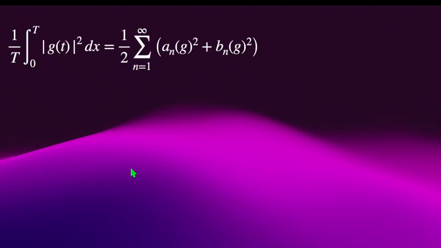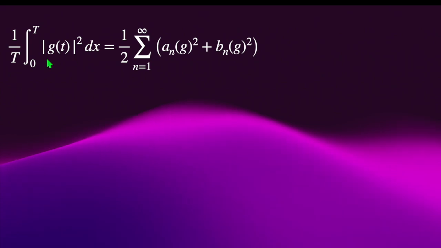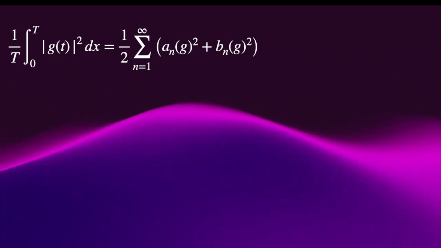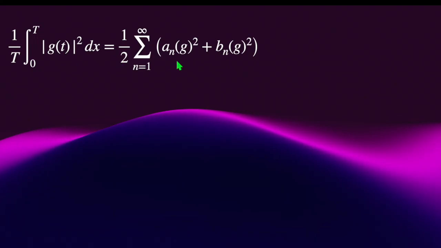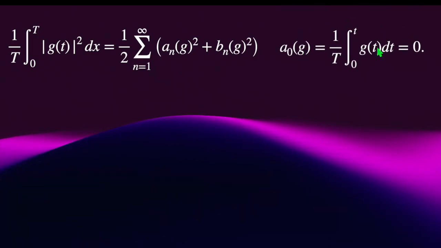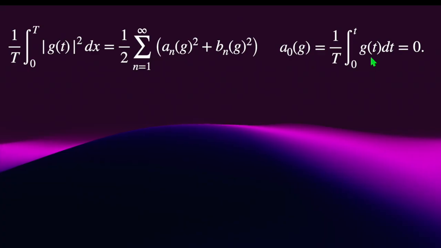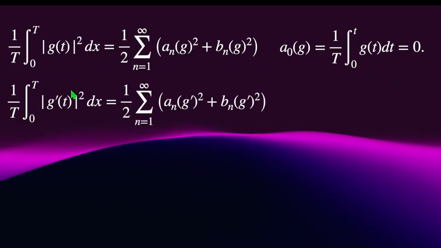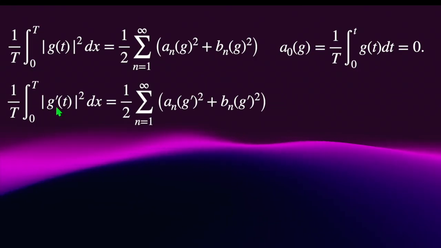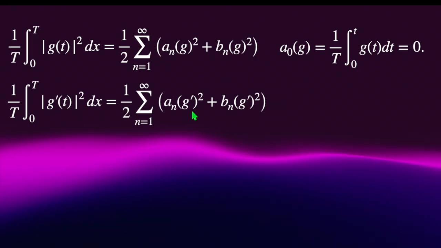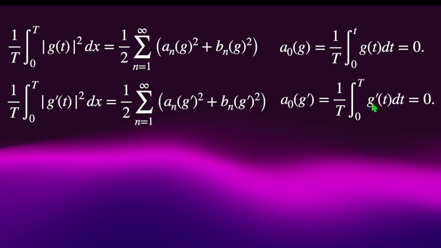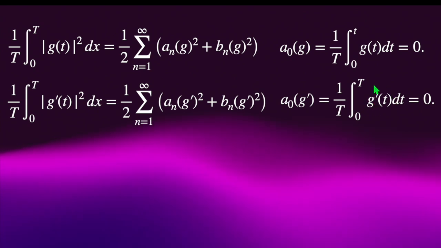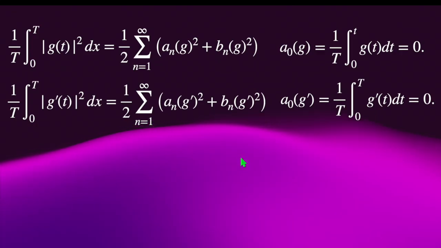We know from the Parseval identity that this integral is equal to this one, because a_0(g) is equal to 0 by hypothesis, and the same holds for the derivative of g. We also have a_0(g') equal to 0 because g is periodic of period T. This integral is equal to 0.